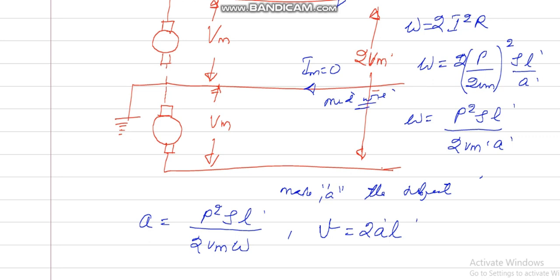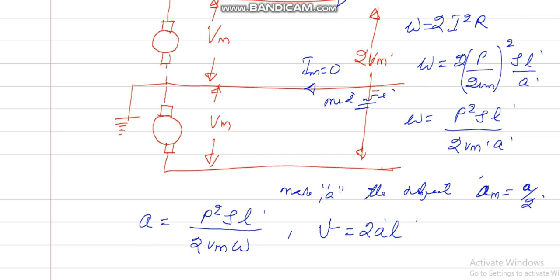Kwa hiyo we don't need to have mid wire whose cross section area is the same as that of outer wire. Kwa hiyo generally huwa tunaweka kwamba cross section area of mid wire inakuwa half of the outer wires.